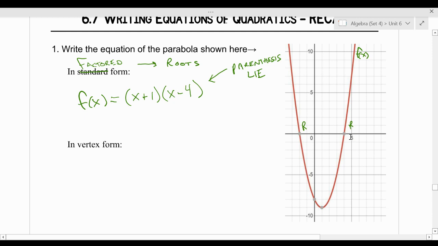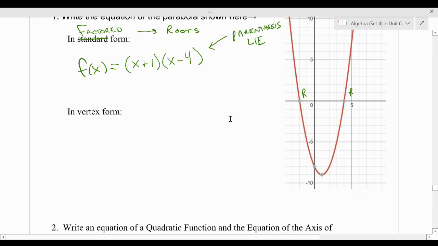All right. As for the vertex form, you have to find the vertex. And the vertex of the parabola is the turning point, right? So I'm going to label that V. And this vertex is going to be, let's see here. It looks like it is +1, comma, -9. So since that is that, you have to write it in vertex form, which has the square in the parentheses.